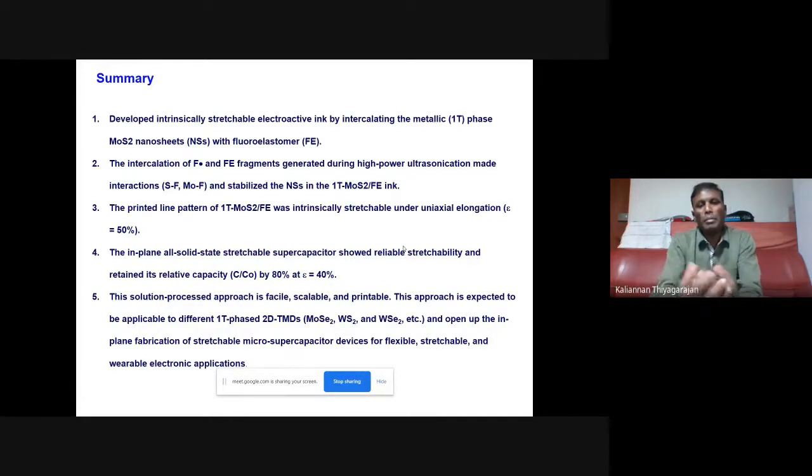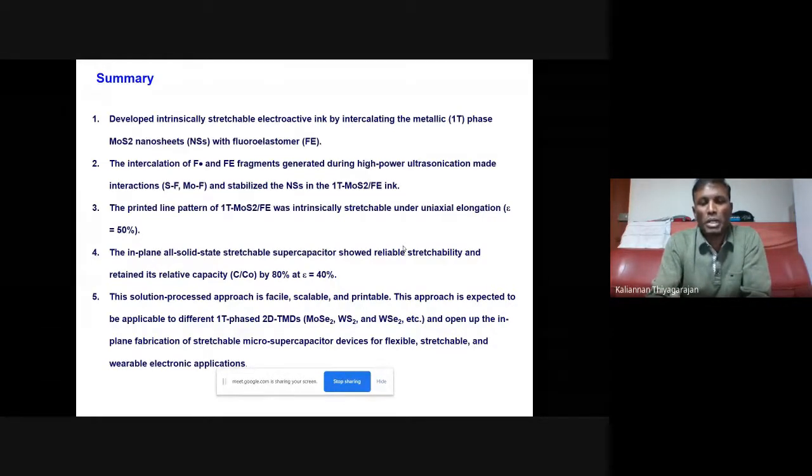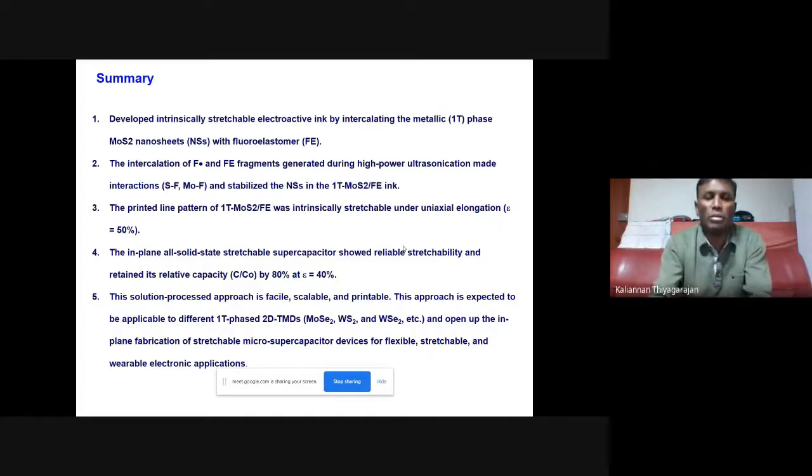The supercapacitor device fabricated with this retains around 80% of capacity. I have just reported this approach for only one material.